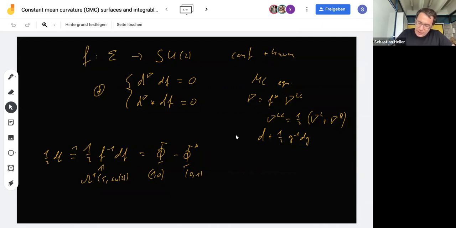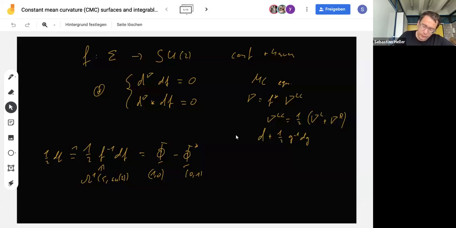But because phi is a 1-0 form, I just take the 0-1 part of the derivative. I will go more into detail in this direction today, but let me shortly explain what it means.